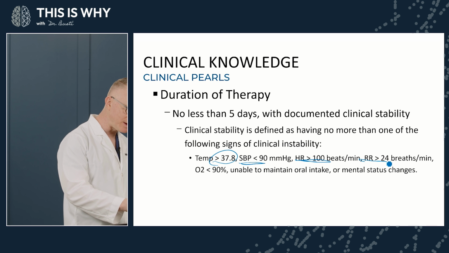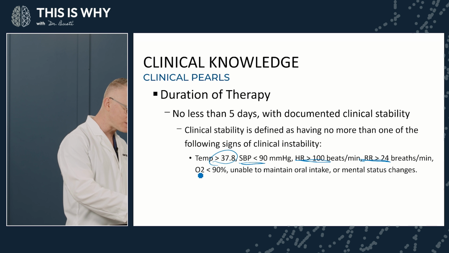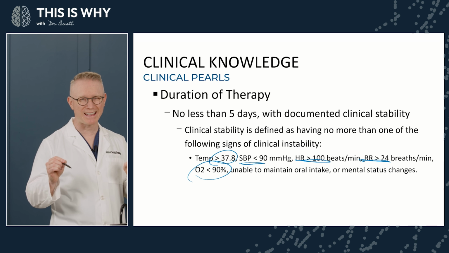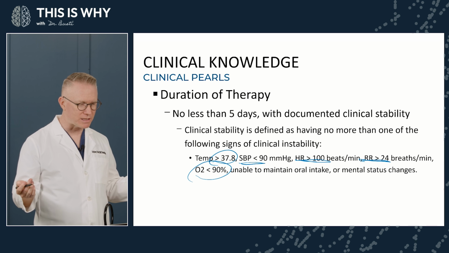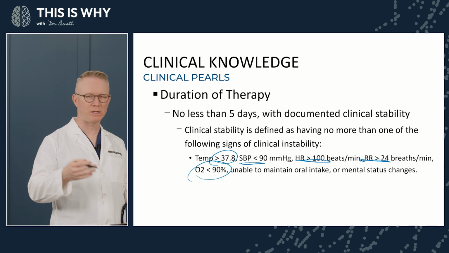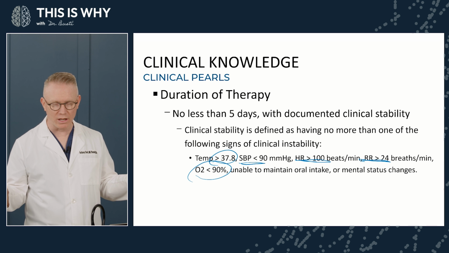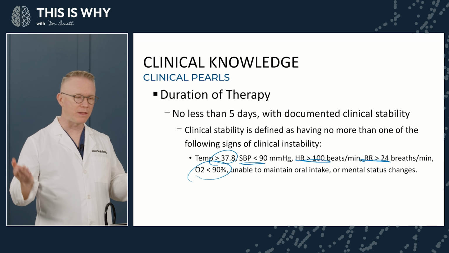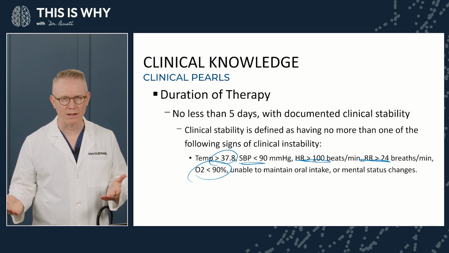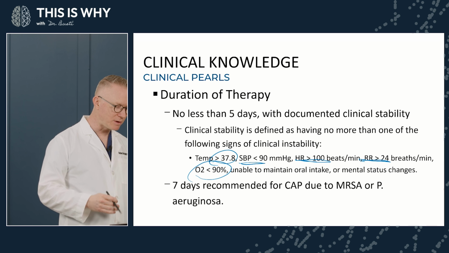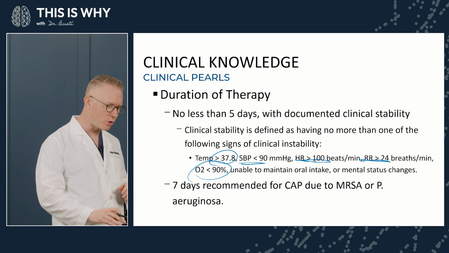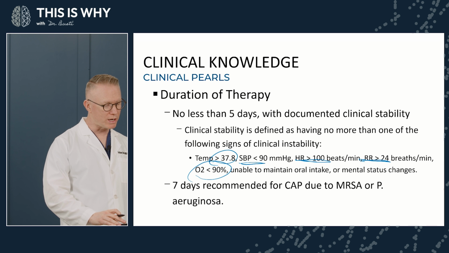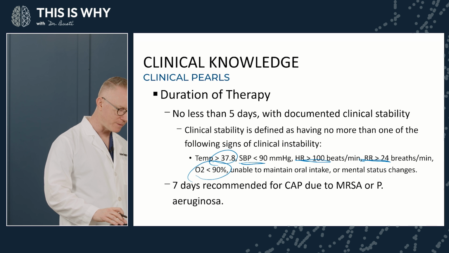They're not tachypneic, okay? And their O2 sat should be greater than 90% on room air, or obviously if they have a baseline reason for oxygen like COPD or something, they chronically wear oxygen, fine, but their requirement is back to their baseline. 7 days is typically recommended, especially if there is evidence of MRSA or Pseudomonas. So your organisms do influence that at some level, okay?